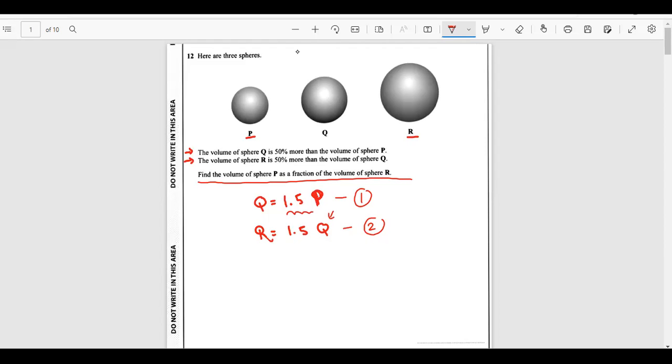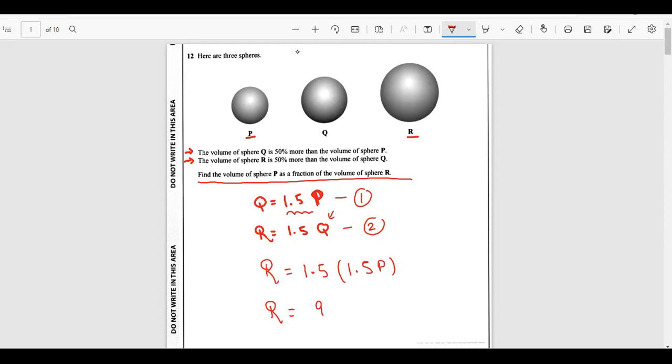Can I do it this way? Yeah. Okay. So this is going to give me R equals 1.5 into 1.5 P. So R is basically 1.5 into 1.5.